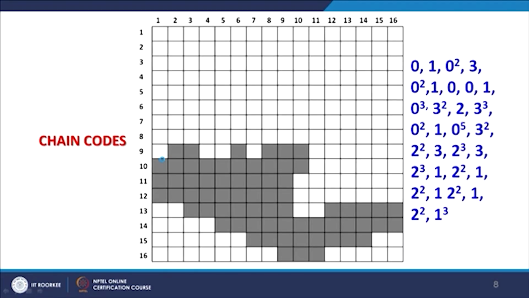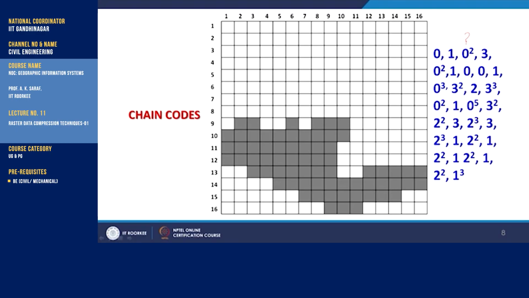So, this exercise has been done for this image, and as you can see these are codes, not numbers, you cannot perform numeric operations on them, otherwise one would ask how you can have 0 power 2. So this is a code, 0 is the code.